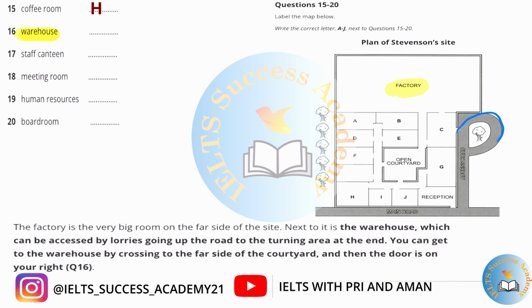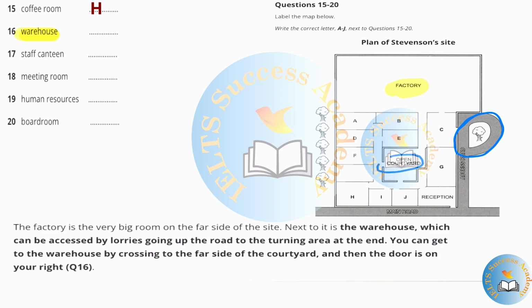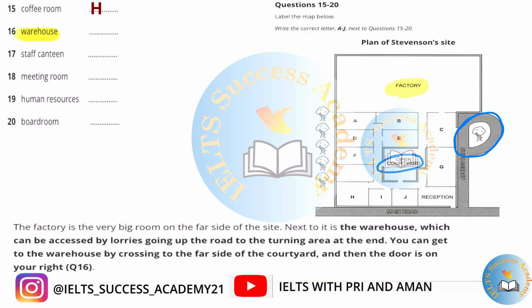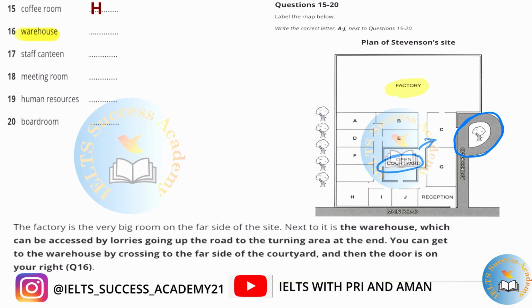So this one is the turning area, right? This is the access road here. You can get to the warehouse by crossing to the far side of the courtyard. So the far side of this courtyard is here, far side near the factory, right? And then the door is on your right. So the door is on the right, which should be here.